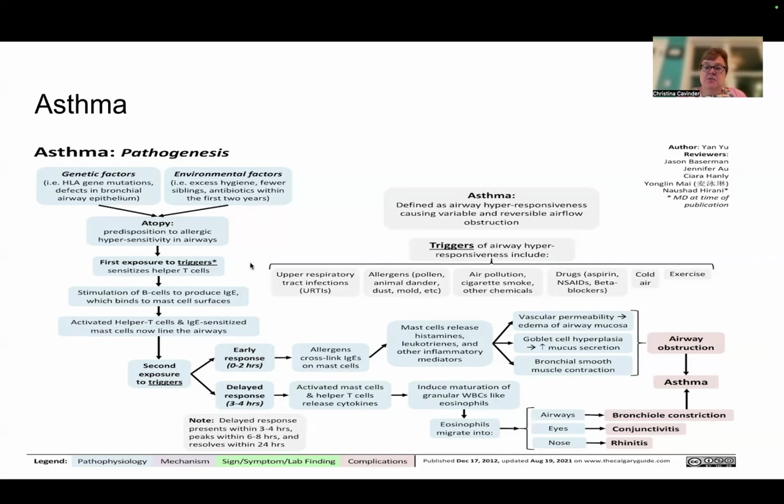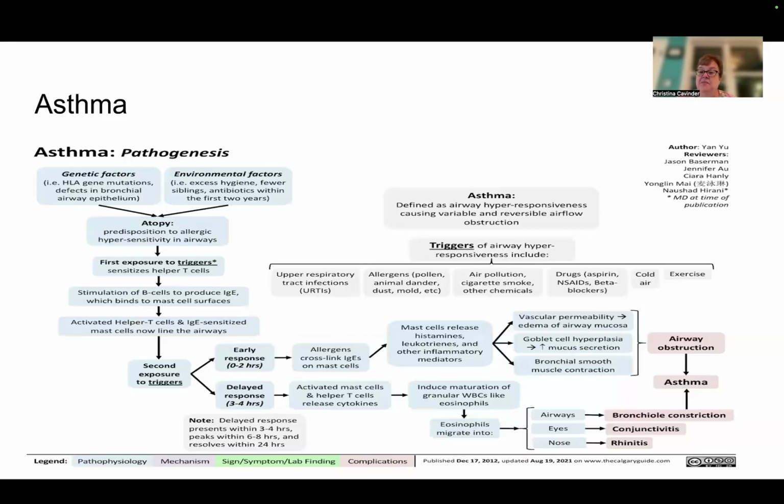When you're first exposed to it, you sensitize your T cells, which stimulate your B cells to produce IgE. We'll get into inflammation and the inflammatory response a little bit later. That IgE binds to your mast cells, which we've already talked about, and that activates your T cells and your IgE-sensitive mast cells that line the airway.